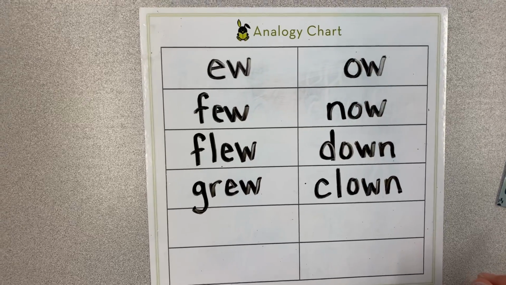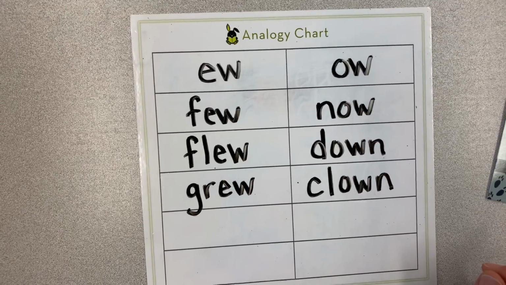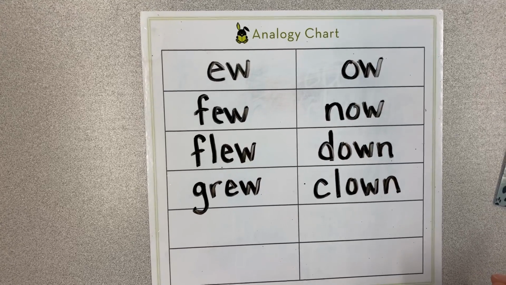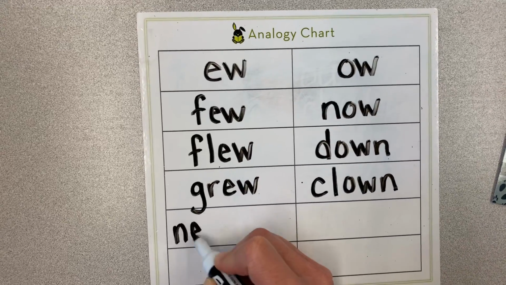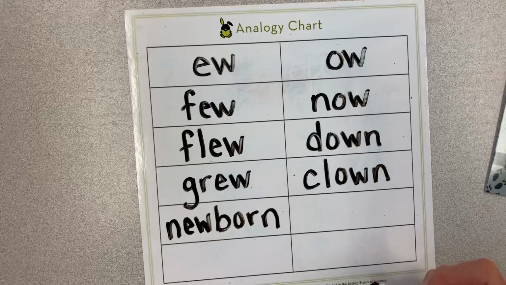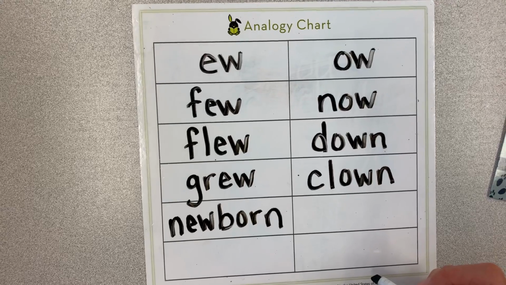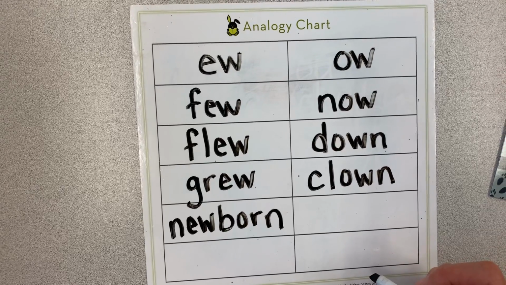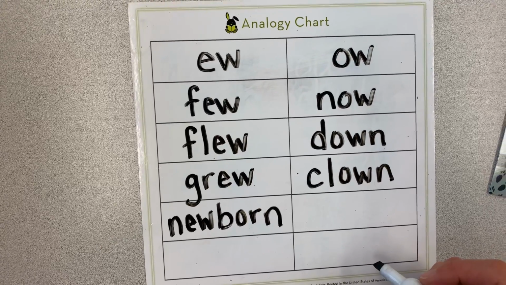Now we're going to get a little tricky. I have 2 compound words, so these will be a little bit longer. But remember, stretchy snake your sounds, go slow, and think about your chunks. Here we go. Newborn. New, born, newborn. And the next word, downtown.